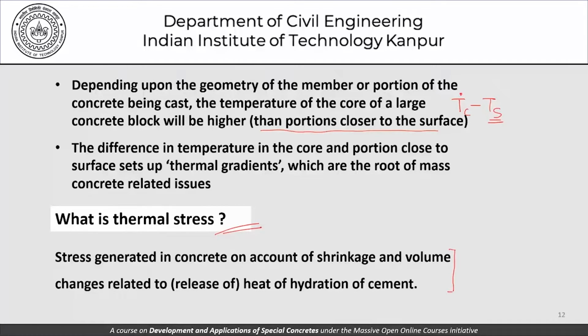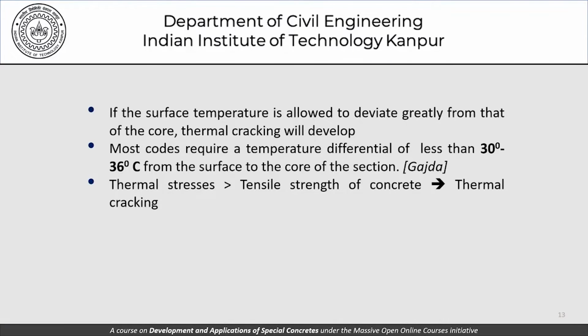Reiterating this fact in a different way, if the surface temperature, that is Ts, is allowed to deviate greatly from that of the core, that is Tc, thermal cracking is more likely to happen. In fact, most codes require the temperature differential to be less than 30 to 35, 36 degrees from the surface to the core of the section.